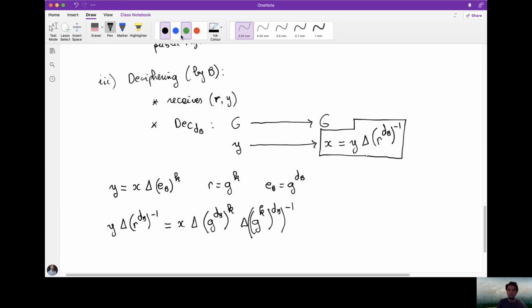You can notice that G to the power DB to the power K and G to the power K to the power DB are the same. So in fact, these two elements are inverse to each other. So this part here is equal to the identity E. And therefore, it is true that this operation gives X. Okay?